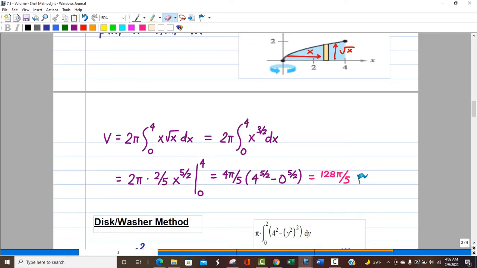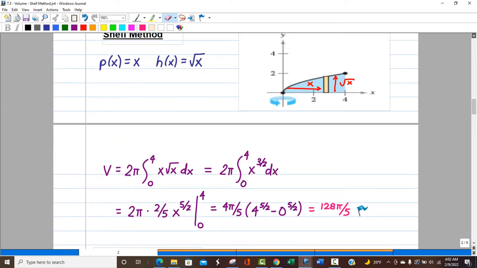So the formula is we 2 pi, then we multiply these two things together, x times square root of x. So you just add their exponents. You have an x and you have an x to the 1/2. Add them together makes x to the 3/2. So 2 pi x to the 3/2 dx. And just real simple power rule here. 3/2 plus 1 is 5/2.